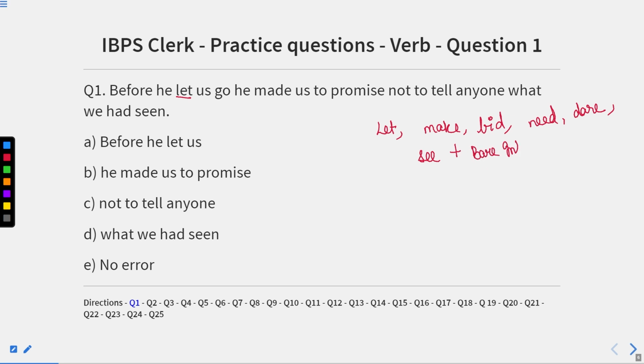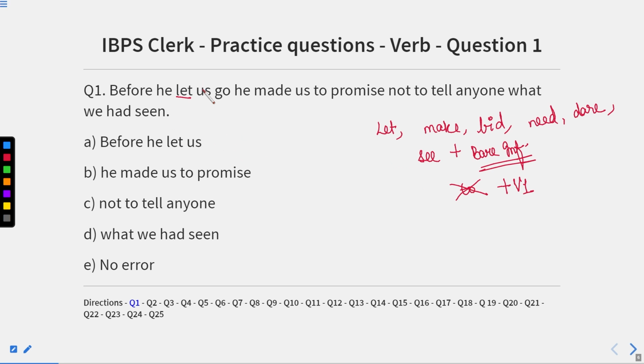And bare infinitive means any word that is verb first form, but before that we are not using to. Basically, infinitive means to plus verb 1, but bare infinitive means verb 1 without to, or you can say the first form of the verb without to.